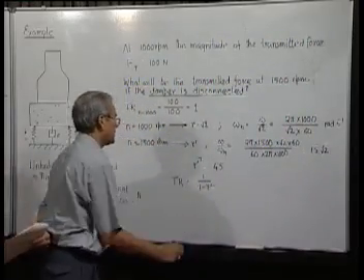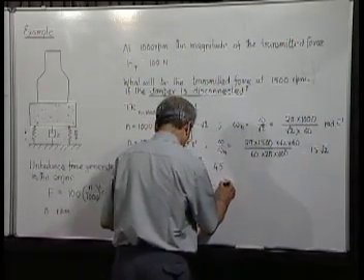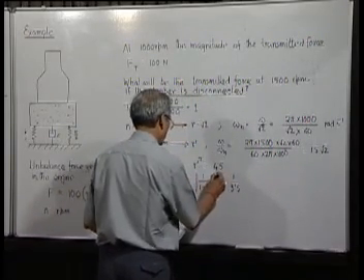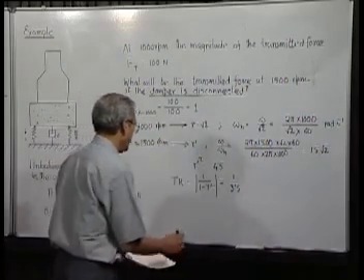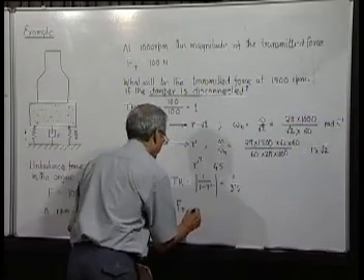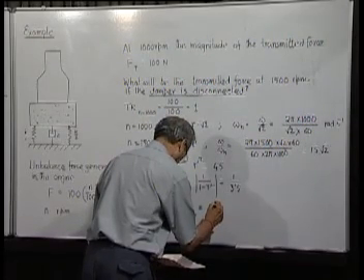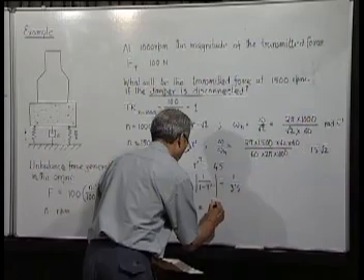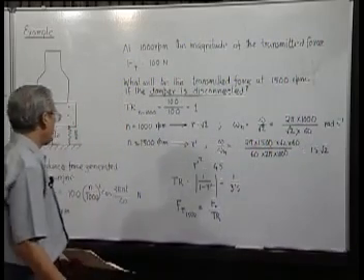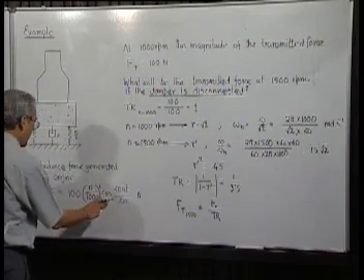r prime, and this is the transmitted force at 1500 RPM. Now, how much will be the force generated F0 at 1500 RPM?